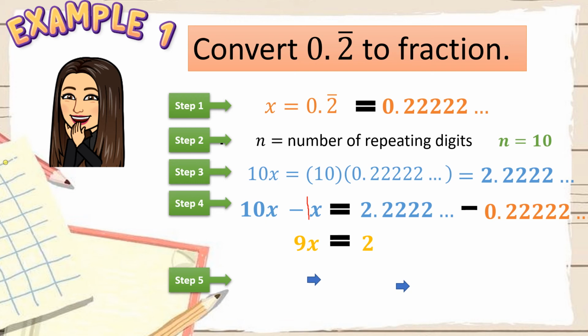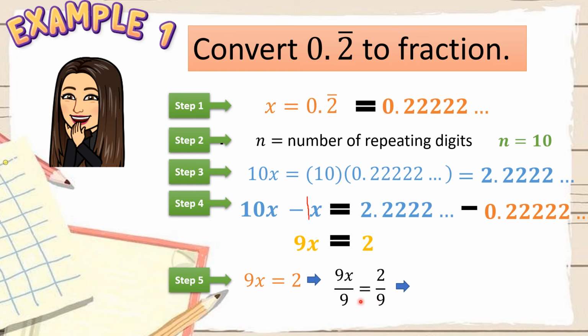In step number 5, we have to solve for x. We have 9x equal to 2, so we have to get the value of x. What are we going to do? We divide both sides by positive 9, applying the division property of equality.